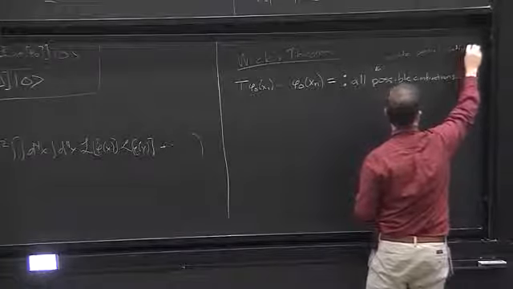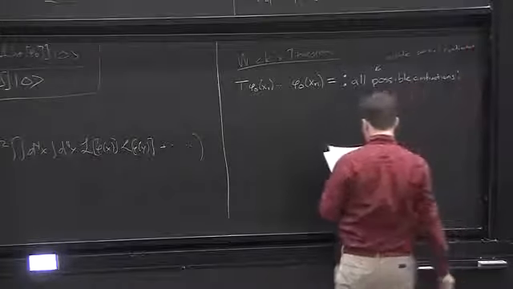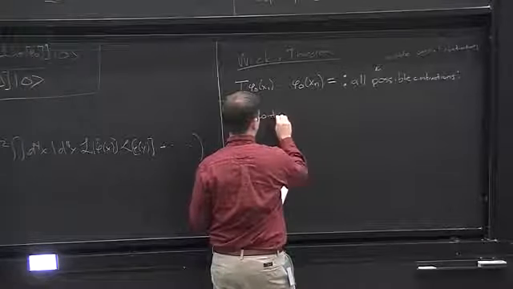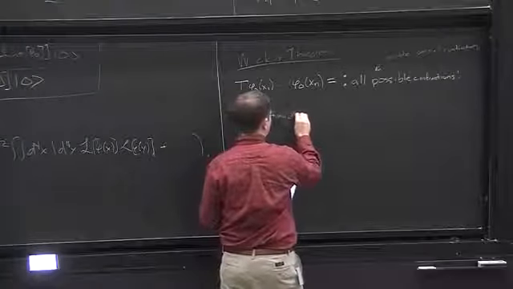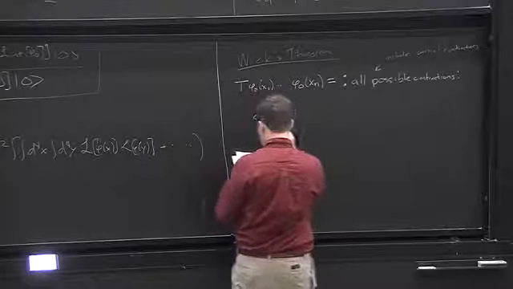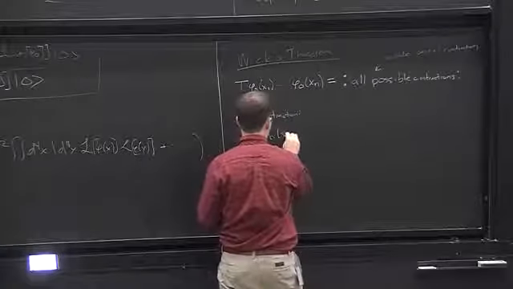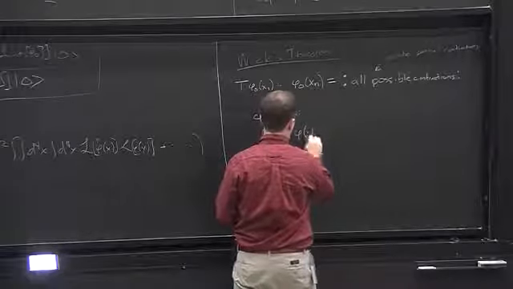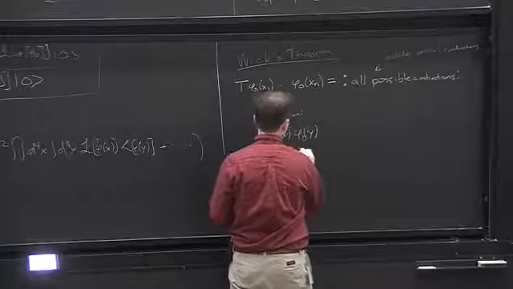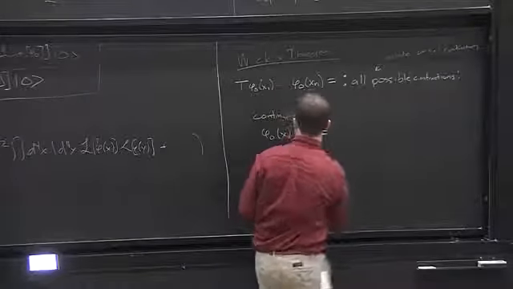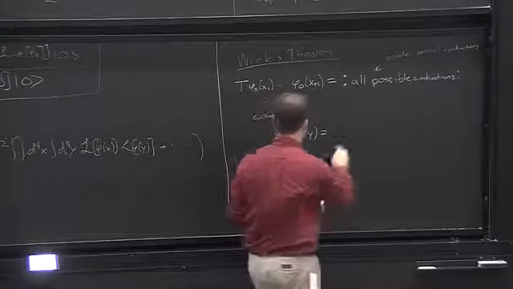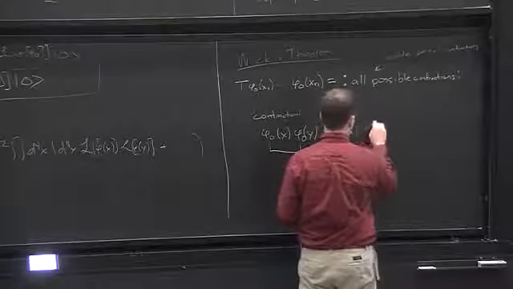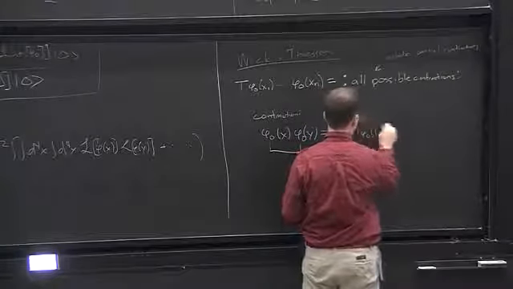And what I mean by contraction is: we take a pair of free fields, and we write the contraction like this, or equivalently like this.